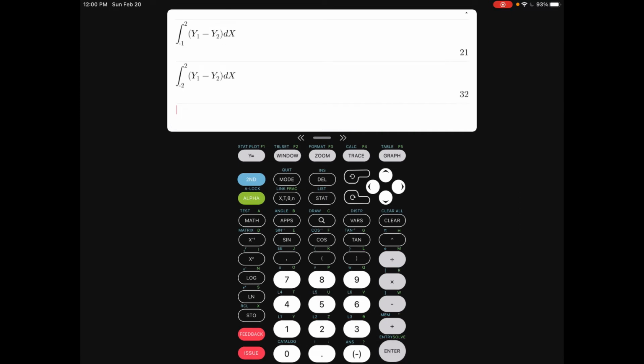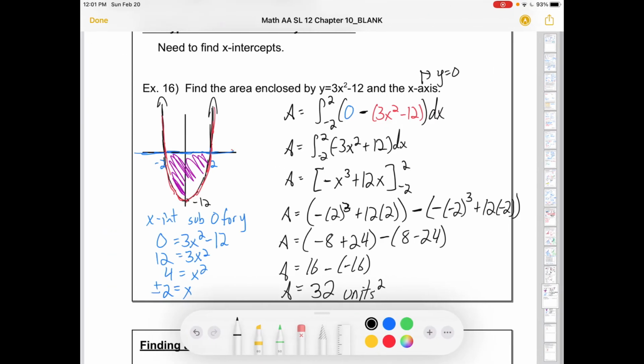We get 32. Wonderful. You could also have found it by some other methods, but I think this is pretty nice. Notice that if you had just found the integral from -2 to 2 on this, it would have given you a negative answer, which you could have then fixed up and turned positive because you know it's supposed to be area. But again, this technique of left to right, top minus bottom, works every time.